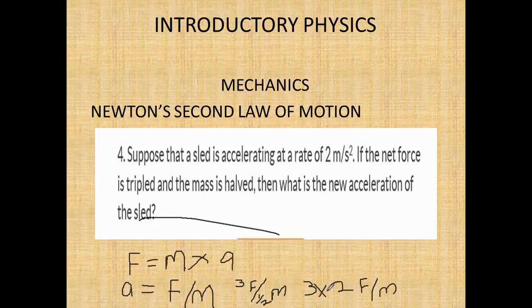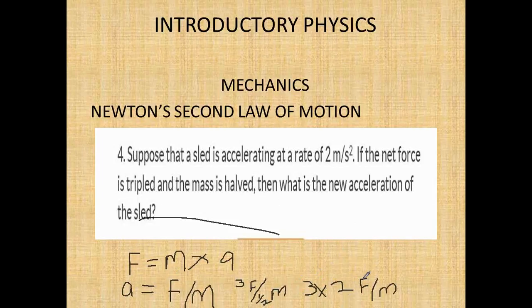It is 6 times 2, which is 12. Your new acceleration of the sled is 12 meters per second squared.